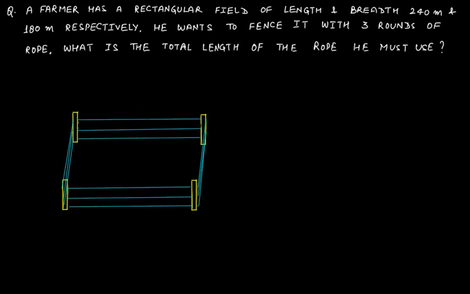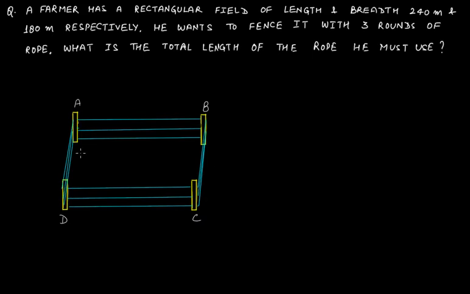If I have to denote these vertices, like this is one vertex, second vertex, third vertex and fourth vertex of a rectangle, let us denote them: this is A, this is B, this is C and D.